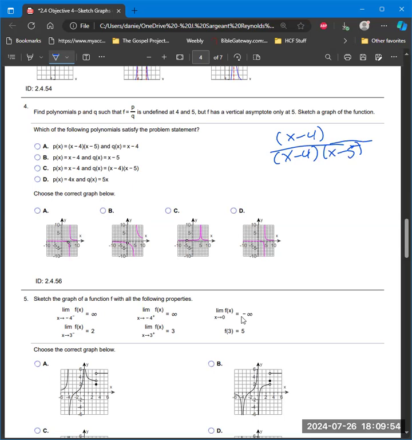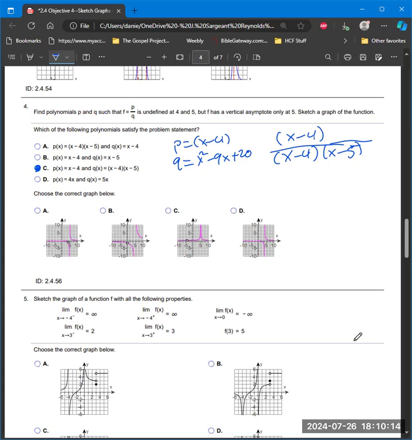That's going to give us p equal to x minus 4, and q equal to x squared minus 9x plus 20, or factored form. So that's going to be C.